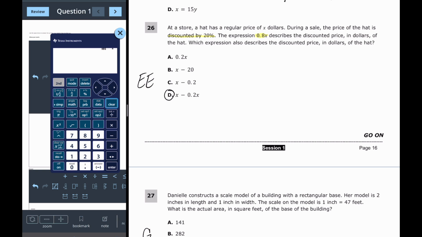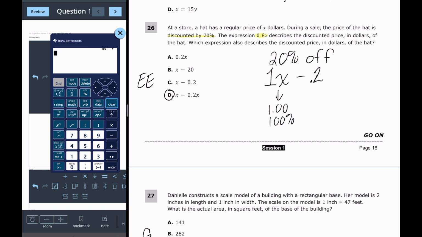So we just did something very similar to this, didn't we? Where we knew that we had 20% off, which is the same as the regular price, so 100% of the price, or here it is, this is what it will look like as a decimal. This is what it will look like as a percent. There we go. And we're taking 20% off.